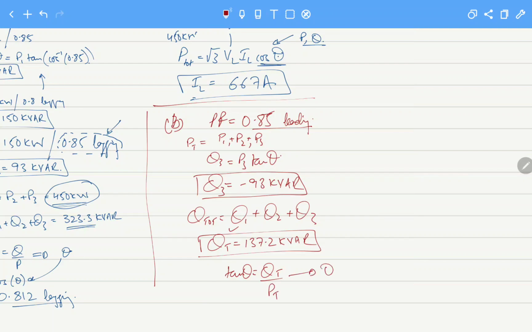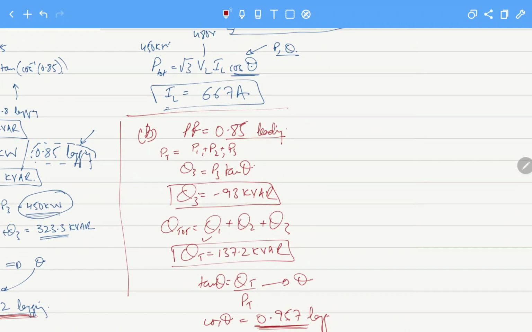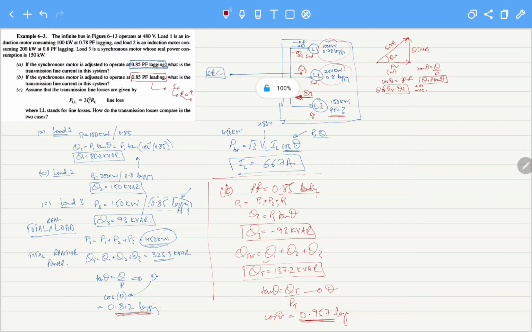We will calculate theta, and for cos θ we will find that it is 0.957 lagging. So we can see that we have changed the power factor. It was 0.812 lagging, and now we have changed it to 0.957 lagging by the field excitation control.